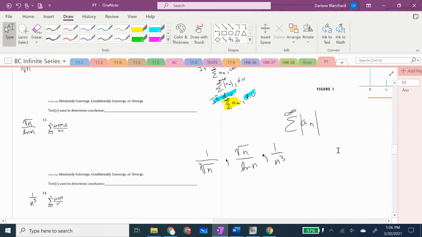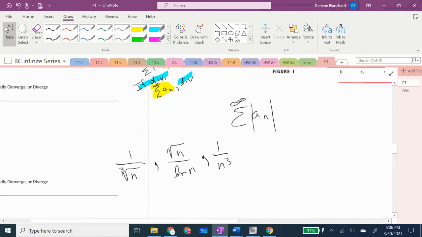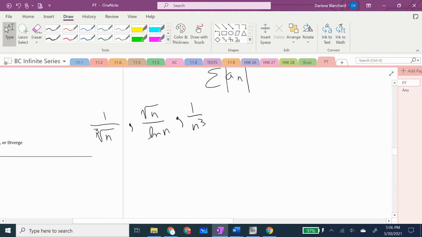And you want to think about what is happening with each of these as n approaches infinity. You should see pretty quickly that these two, if n is approaching infinity, then those are approaching 0.